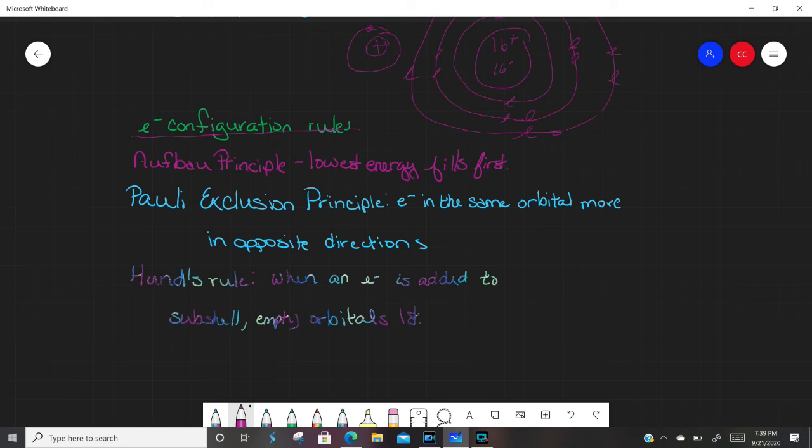And then Hund's rule says that when an electron is added to a subshell, we do the empty orbitals first. And I think on some of y'all's electron configuration papers that I graded and turned back last week over the weekend, a couple of y'all had, if it was like 2p and it was 1, 2, 3, had done this instead, this would be incorrect.